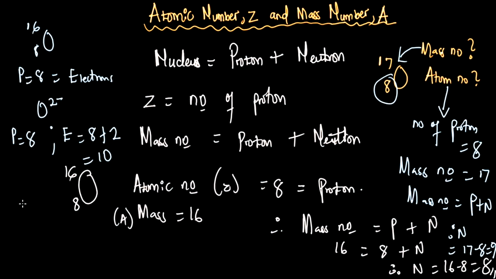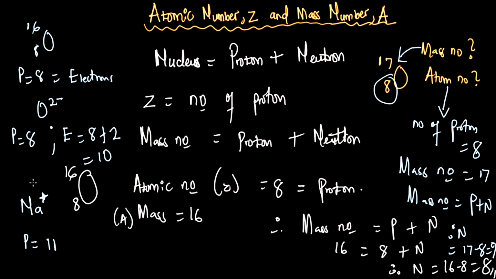So also if we have, let's say, a sodium ion. The number of protons, which is the same thing as the atomic number of sodium, is 11, right?